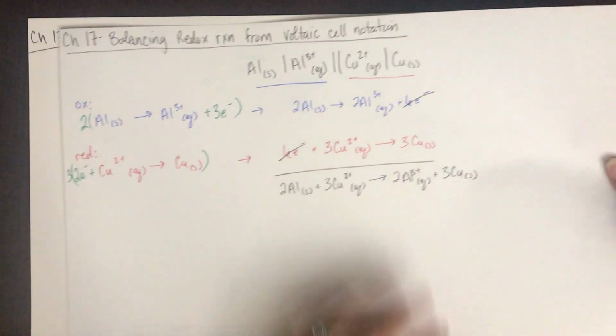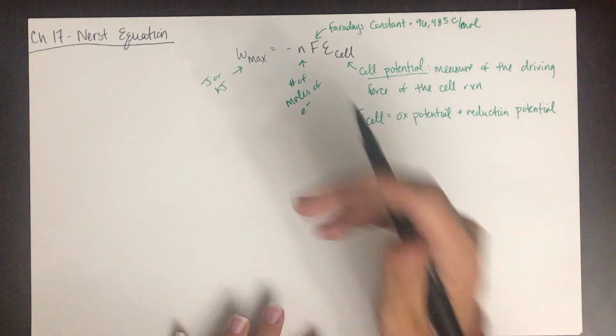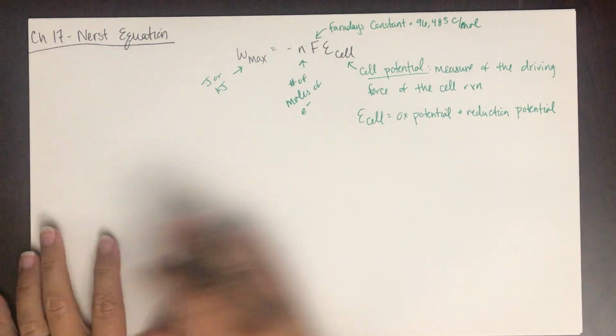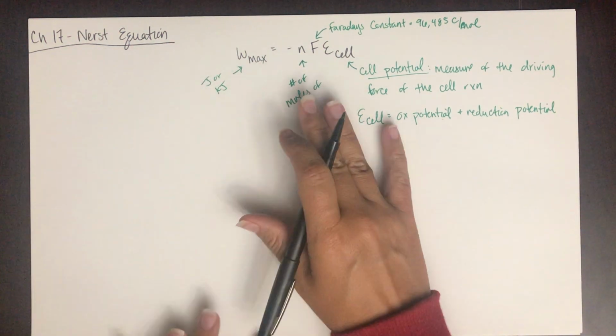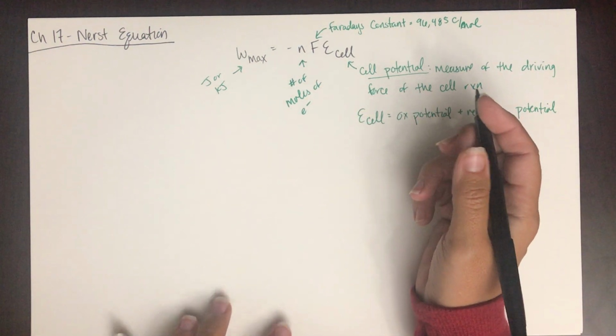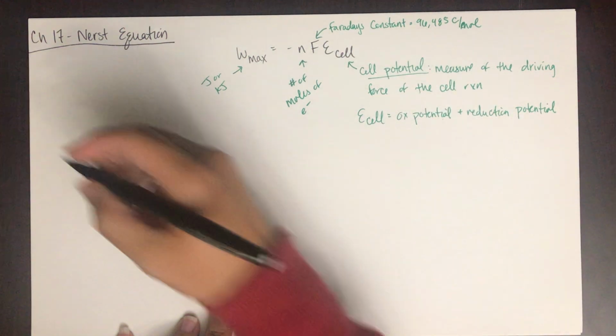So let's write this out again. I'm going to write out the voltaic cell notation. Well, first, let's make up a question. Let's say we are going to use this Nernst equation to determine the maximum electrical work 1.00 grams of aluminum can obtain from the cell.